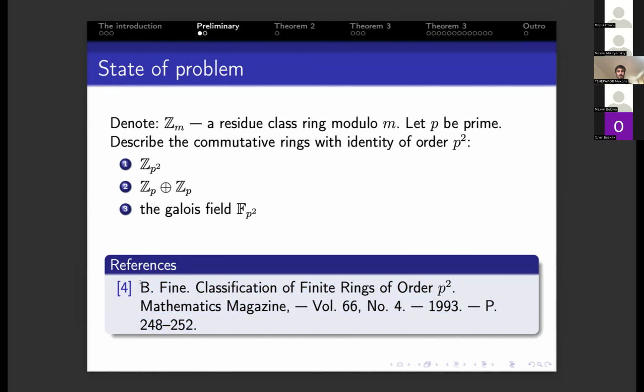These are the residue class ring modulo p squared, the direct sum Z_p plus Z_p, the Galois field of order p squared, and a special ring, which we denote as polynomials over Z_p where t squared is set to 0.